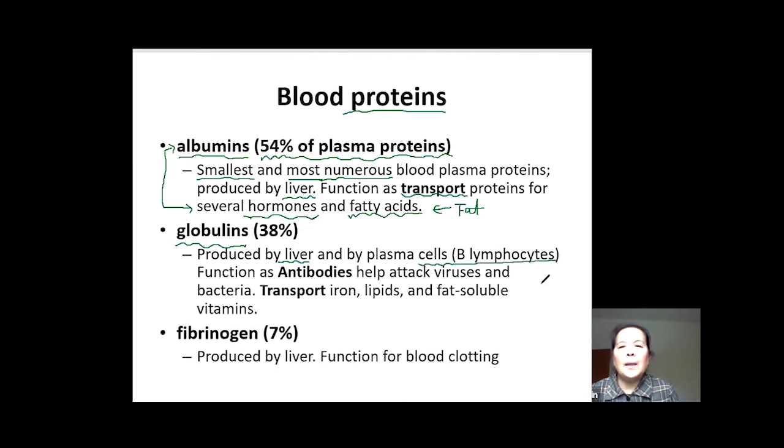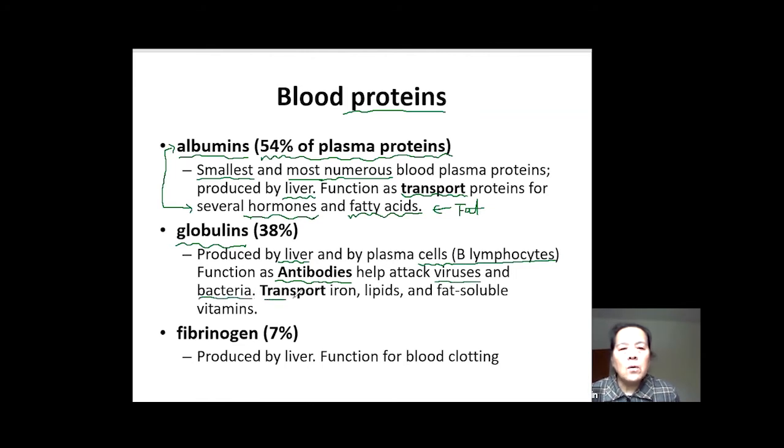Basically, B lymphocytes can produce globins. The function of globins is working as antibody. So against the pathogens invading, like virus and bacteria.